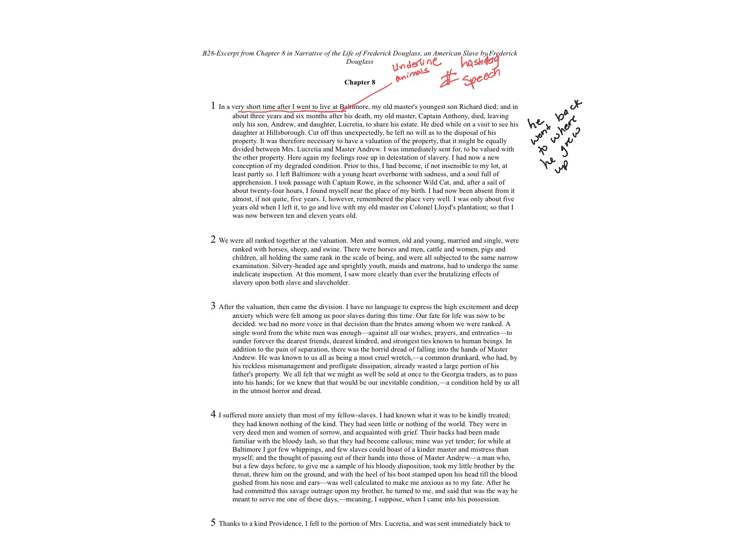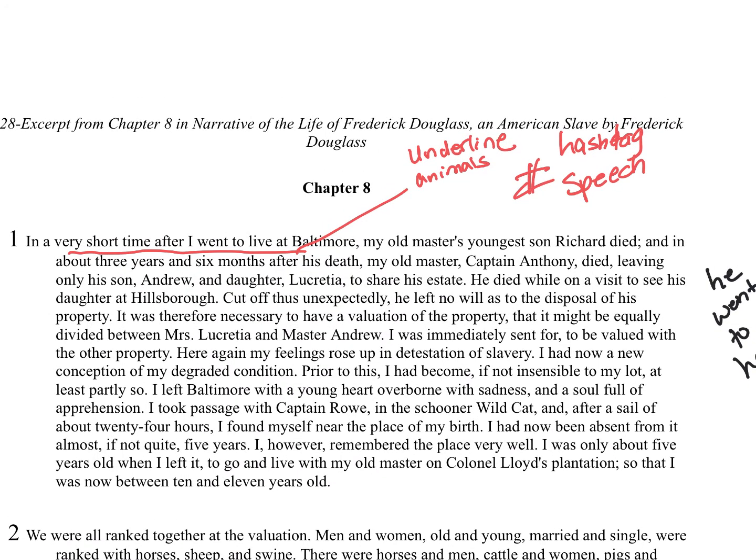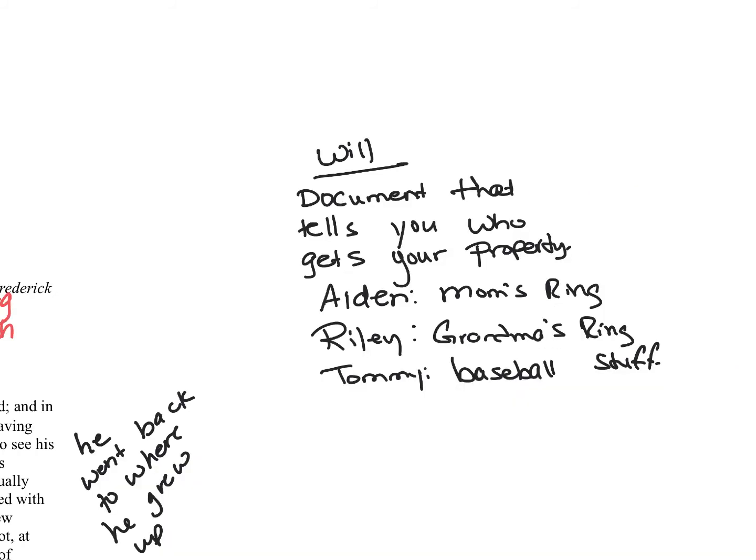There's a word that we really need to talk about before we do our assignment. And it is this right here. How many of you know what a will is? All right, tell me what a will is. That's exactly what a will is. It's a document that you make while you're alive, and it actually lists out all of your properties.